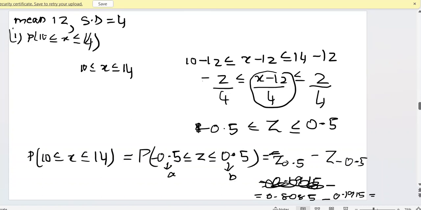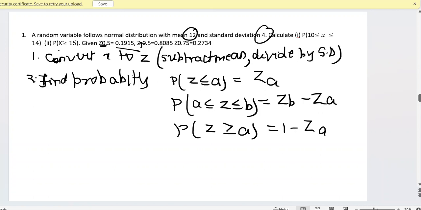We now solve the other part of the problem. The second part of the problem says P of x more than or equal to 15. Again, as we have done previously, we convert x to z.